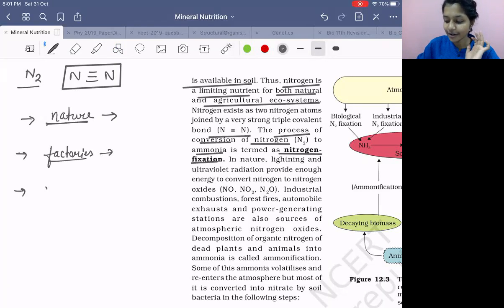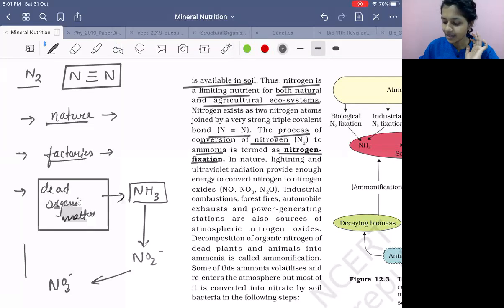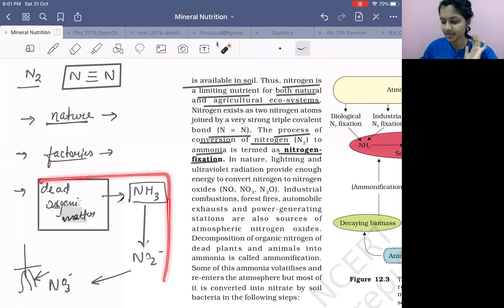Then if there is any dead organic matter, microbes will act on it, and it is a stepwise process. Ammonia you will get. Ammonia will get converted to nitrite. Nitrite will get converted to nitrate, and finally the plant will absorb it. So this is another process, right?